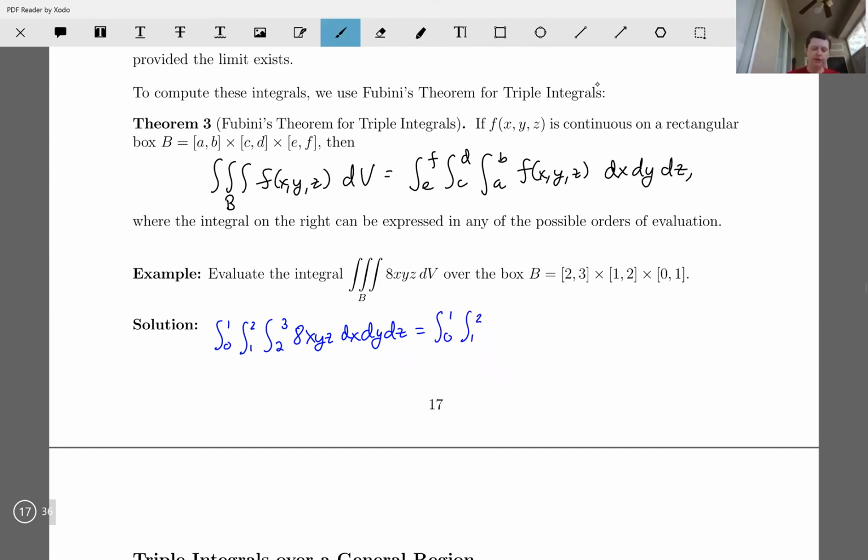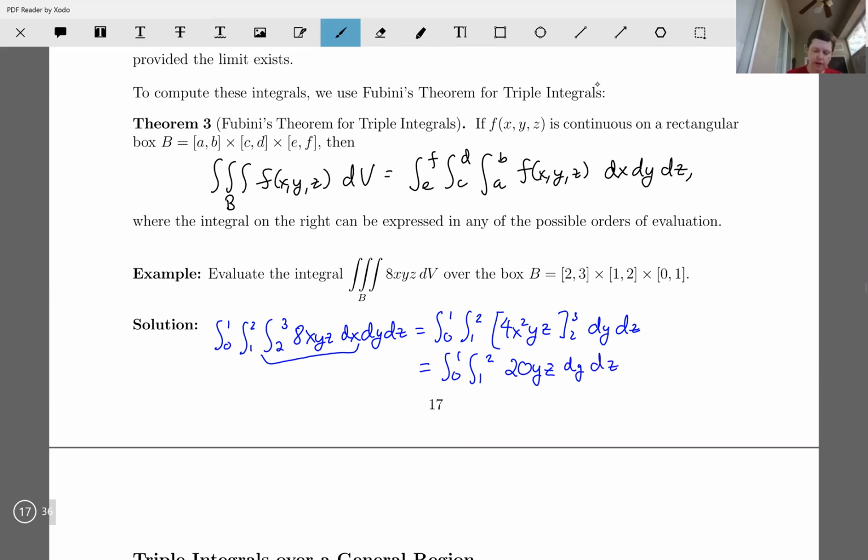Okay, so since I'm integrating with respect to x first, that's going to give me 4x squared yz evaluated at the limits. So I'm going to have the integral from 0 to 1, the integral from 1 to 2 of 20yz dy dz.